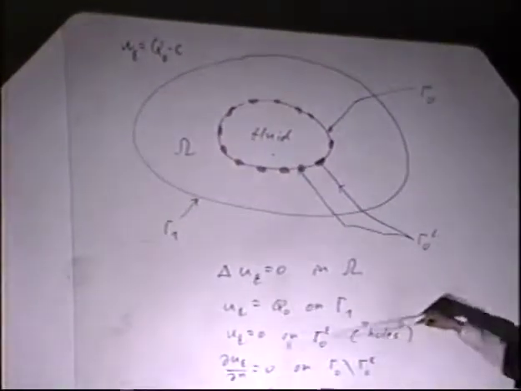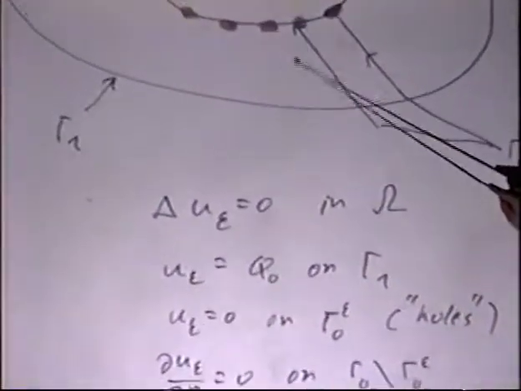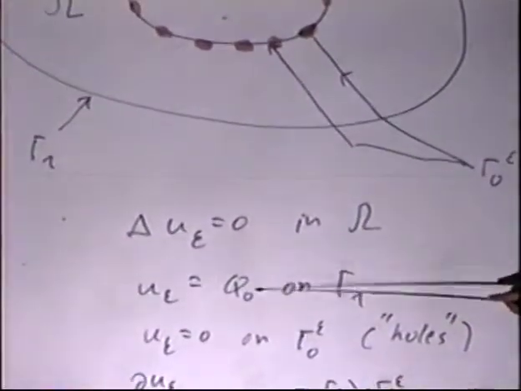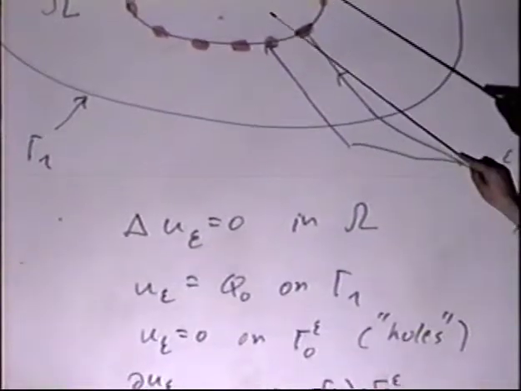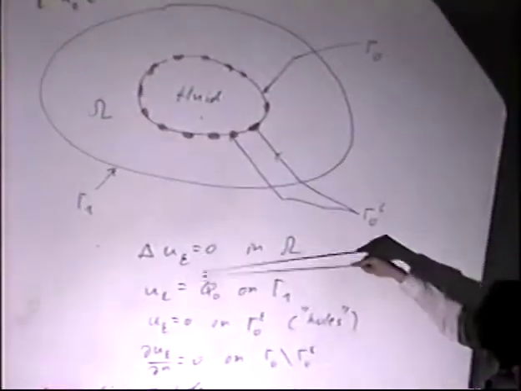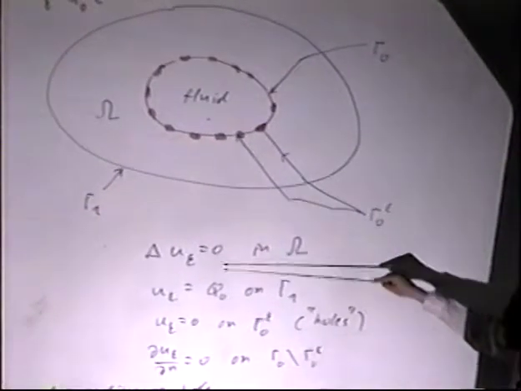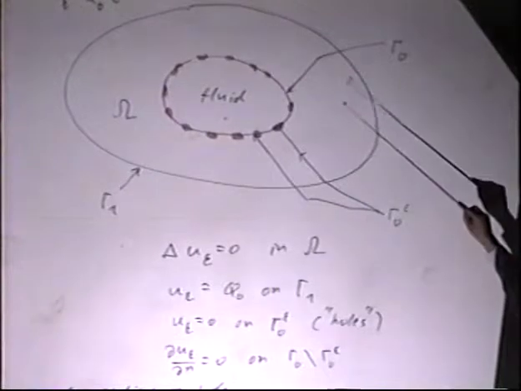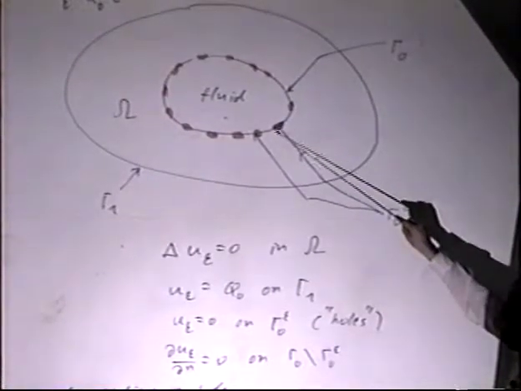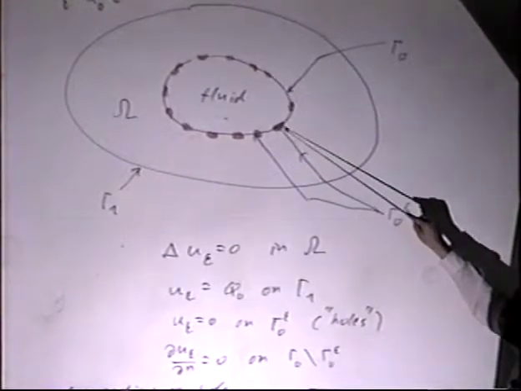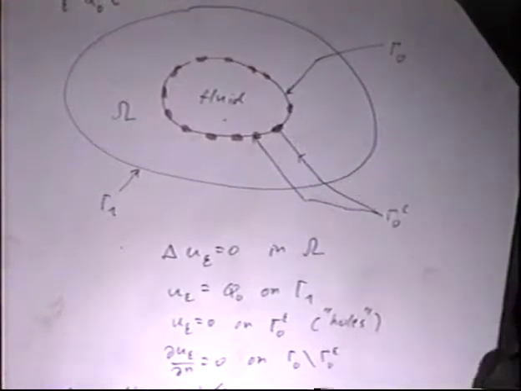So we want to find the solution of this problem. And here's Laplace U equals 0. It's a simple diffusion equation in this region, in this shell. U0 is Q0 down here, because I took Q0 minus C to be U. So C is 0, and therefore U is Q. If you have a hole here, then the density of the fuel here and inside is the same, because it just goes through.